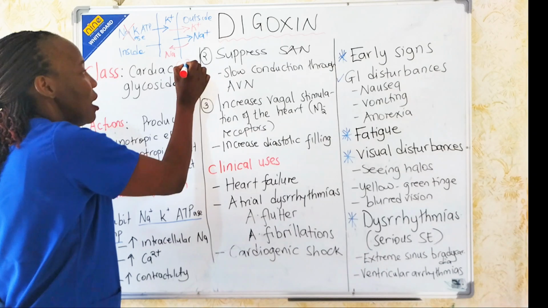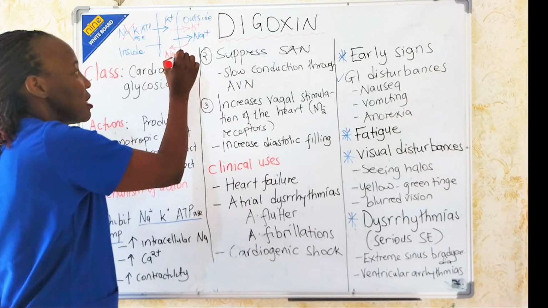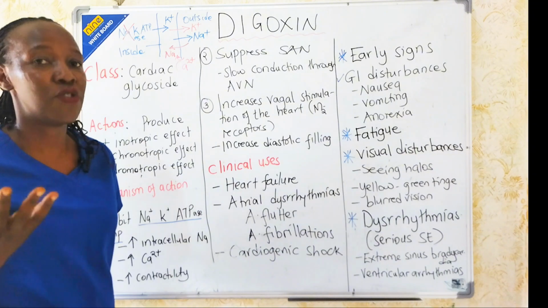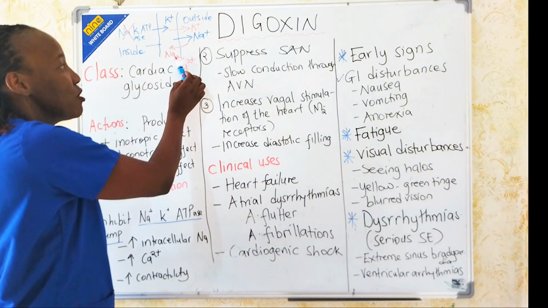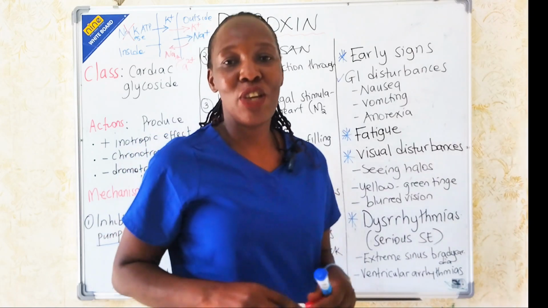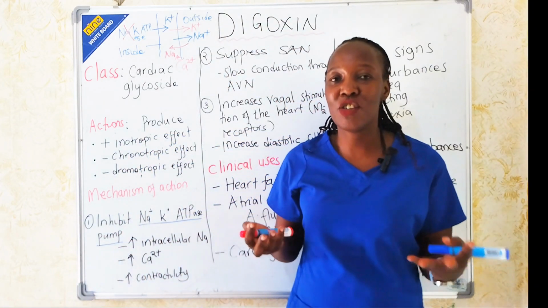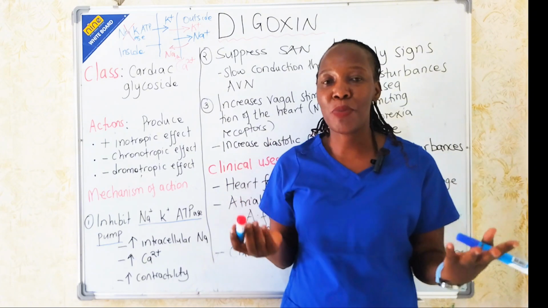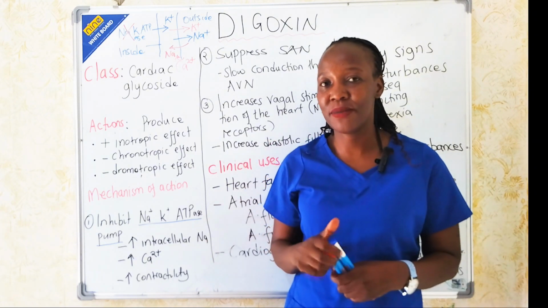Calcium is going to be released from its storage sites. Its concentration is also going to increase inside the cell, and it is going to be responsible for the increase in force of contraction, hence the positive inotropic effect.